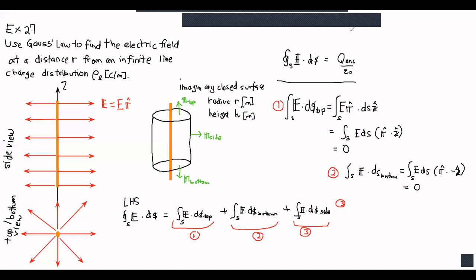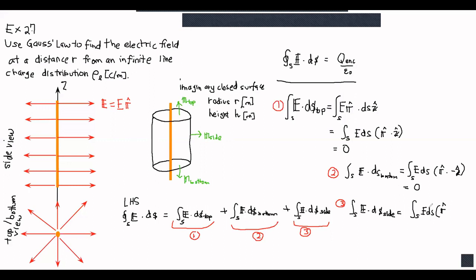Last part here, the side surface. So E dot dS: E is in the r direction, and the normal to the side surface, as I said earlier, is also in the r direction.